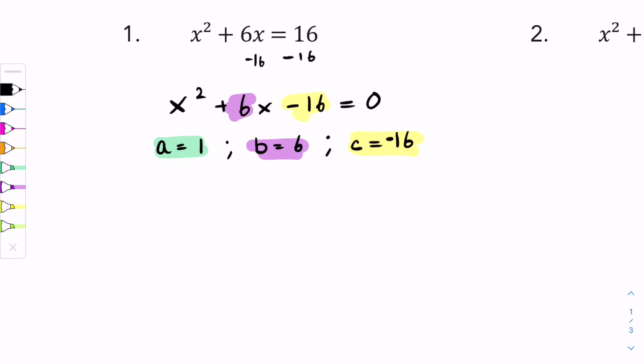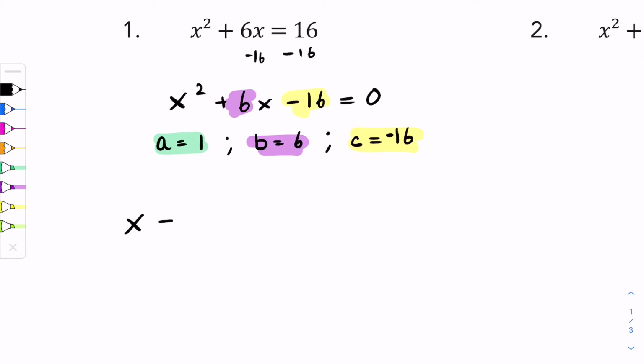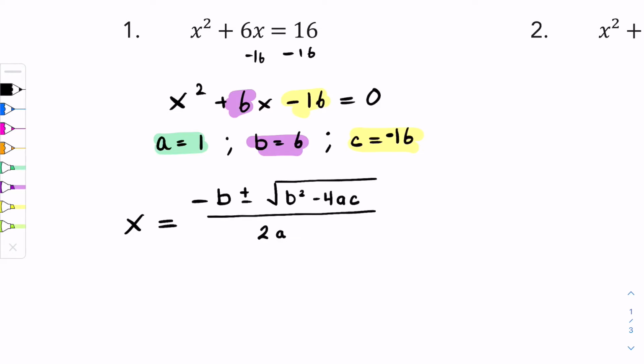Now we're going to substitute these values into our formula of negative b plus or minus the square root of b squared minus 4ac, divided by 2 times a.